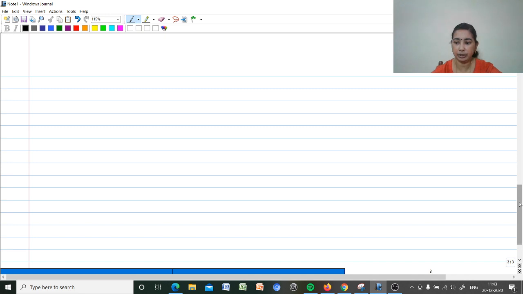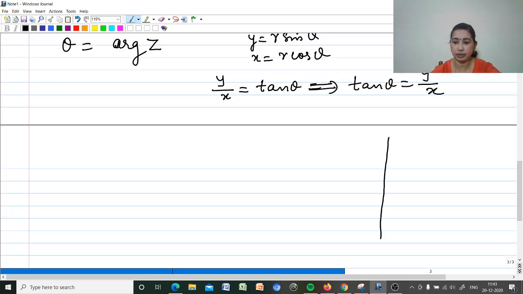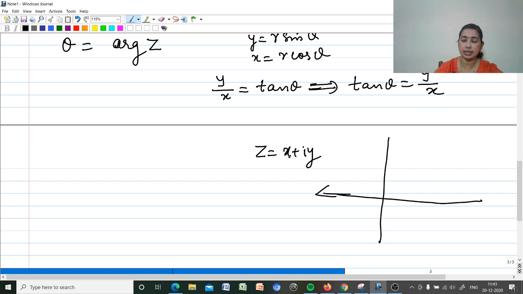What you have to do here is check in which quadrant theta lies. If z is equal to x plus iy, and x is given as -3 and y is given as 4, then x is negative, so it will be on this side, and y is positive, so it will be on this side.